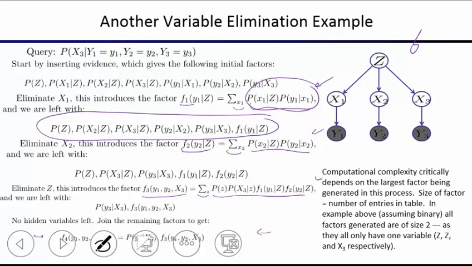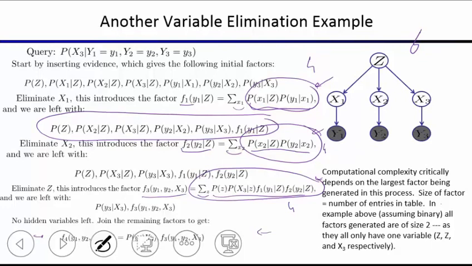So this would be a table with 4 entries. Here, the variables are z and x2. If they're binary, again, we'll have 4 entries to compute. Then here, the variables are z and x3, and so we'll have, again, 4 entries. So in this process, the biggest factor we built was a factor of size 4.